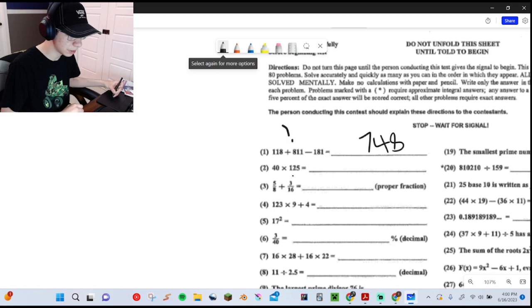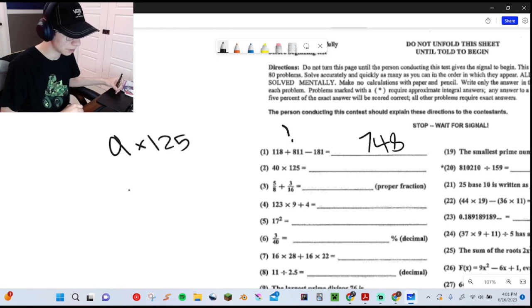For number 2, we're doing 40 times 125. So whenever you're multiplying something by 125, so like let's say I have some number A times 125, really that's the same as dividing it by 8 and then multiplying by 1,000.